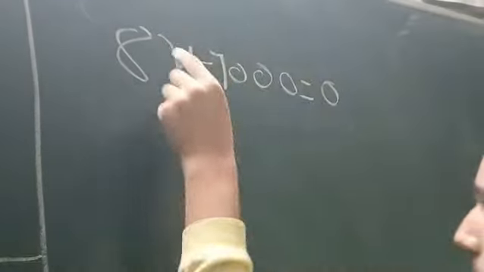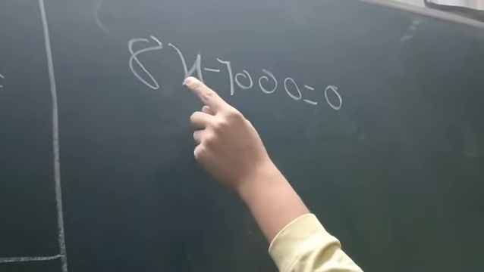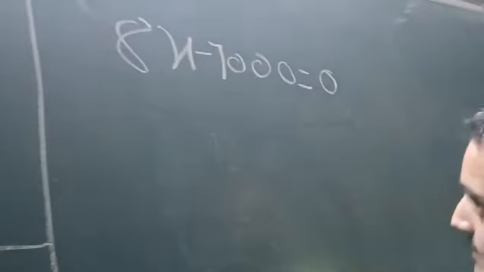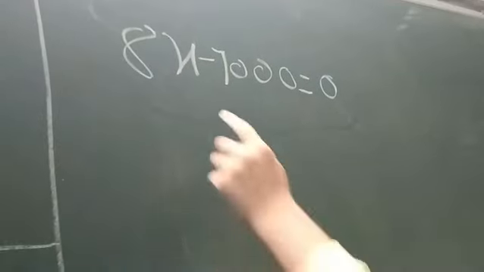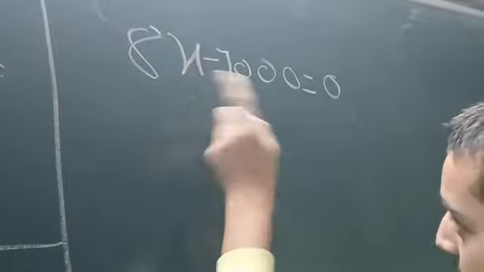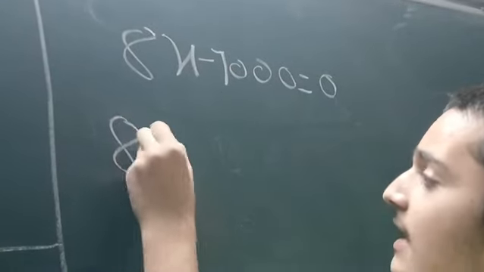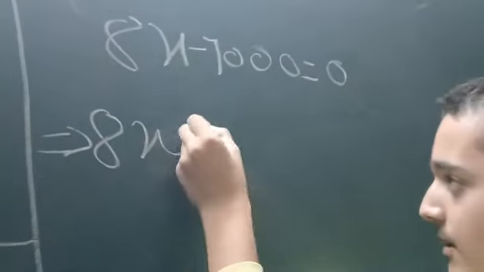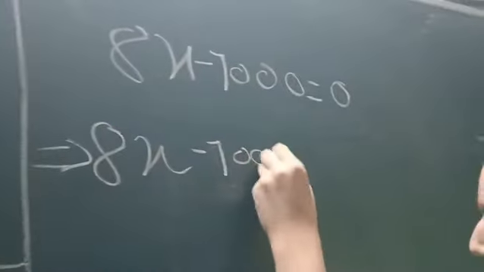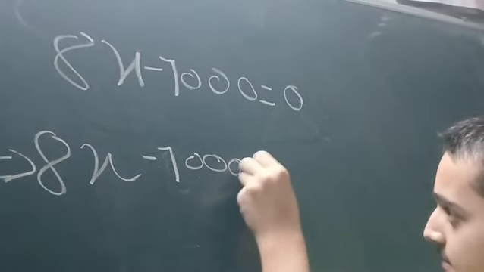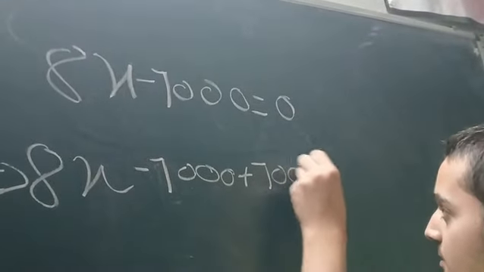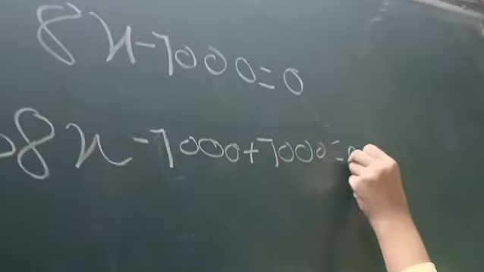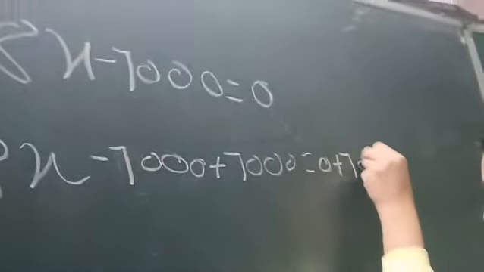For solving we will add 7000 to both the sides, and as we know there will be no change in the equation by doing this. So 8x minus 7000 plus 7000 will be equal to 0 plus 7000.